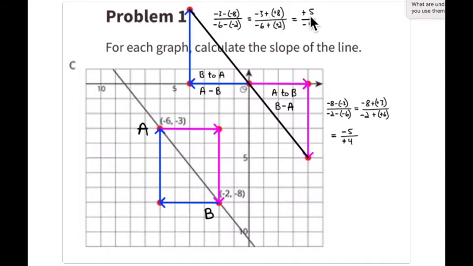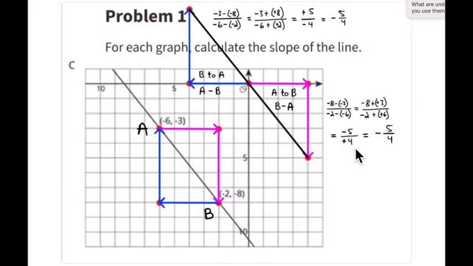So 8 minus 3 is 5, but this is positive 5 because there's more positives. 6 minus 2 is 4, but it's -4 because there's more negatives. And likewise down here, it's 5 negatives because 8 minus 3 is 5, but more negatives. And 6 minus 2 is 4, positive 4 because there's more positives. So this is -5/4, and this is -5/4.